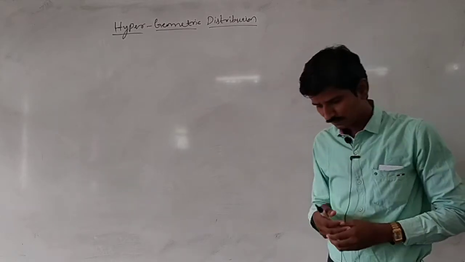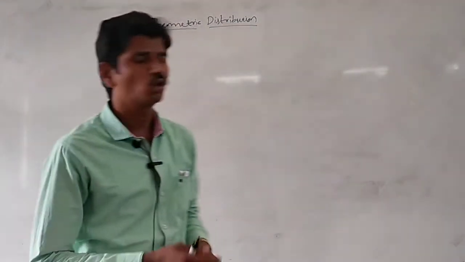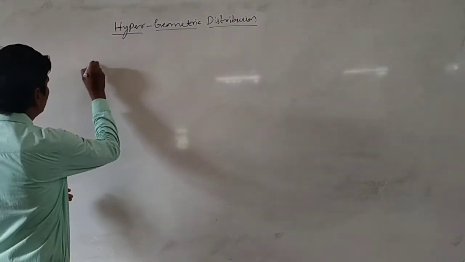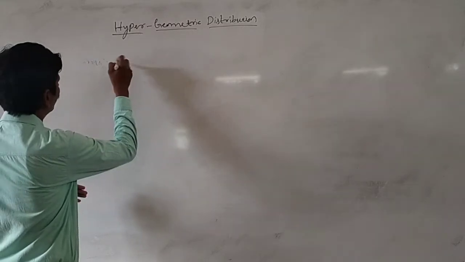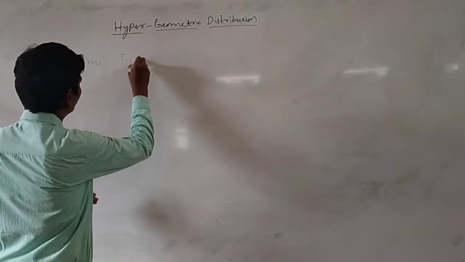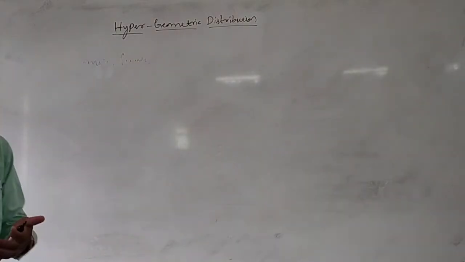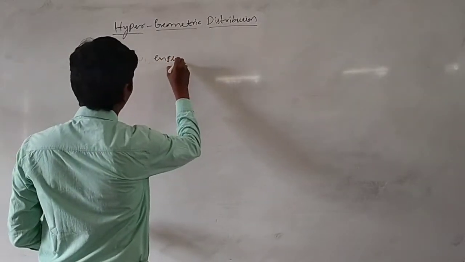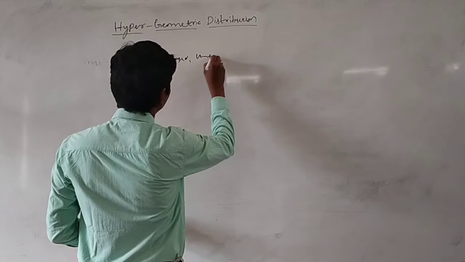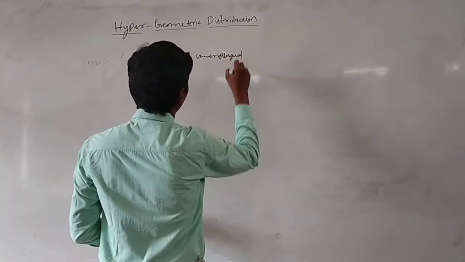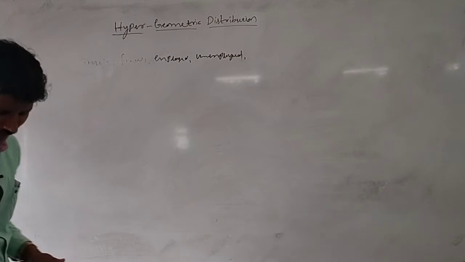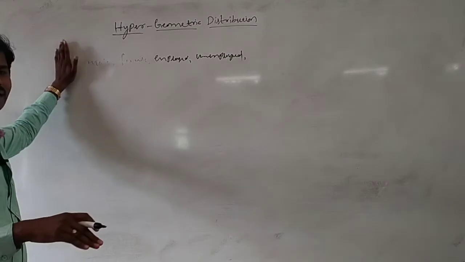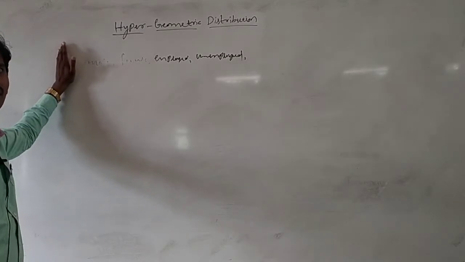Here the categories could be male, female, employed, unemployed, married, unmarried, educated, uneducated, literate, illiterate, etc. These are the two categories.